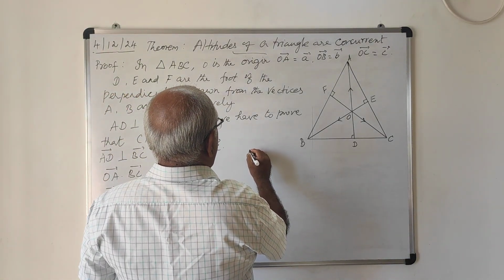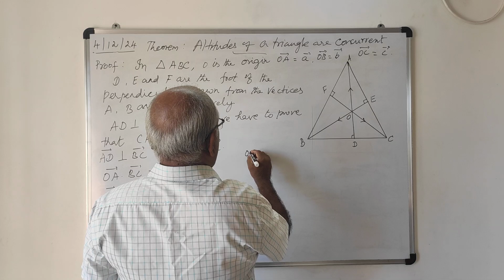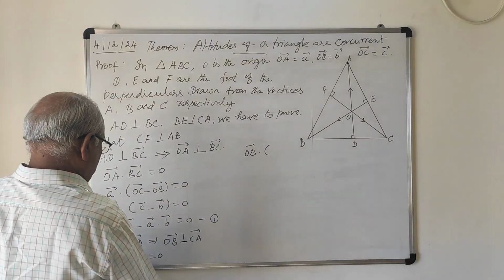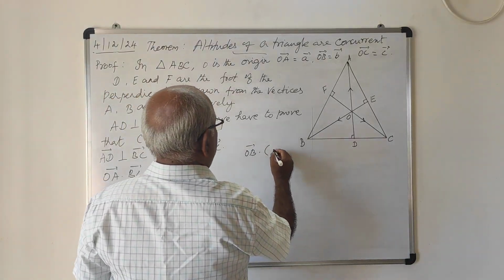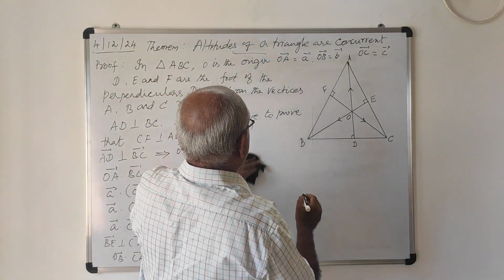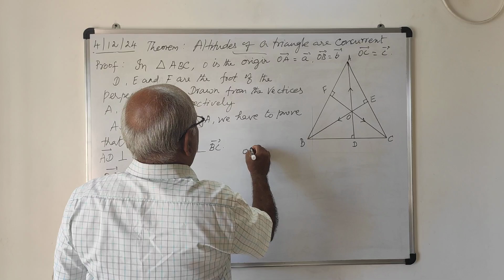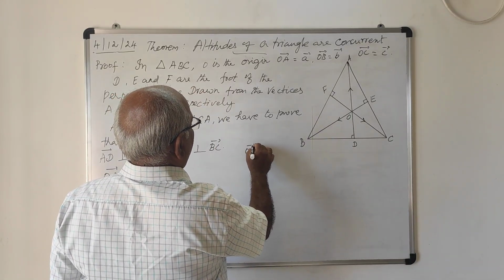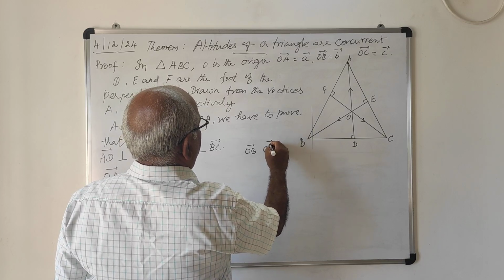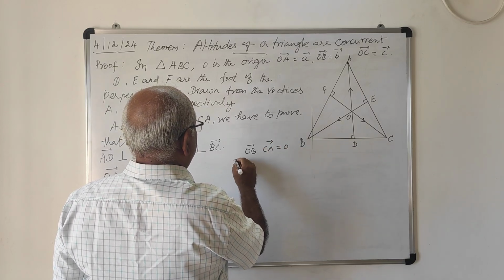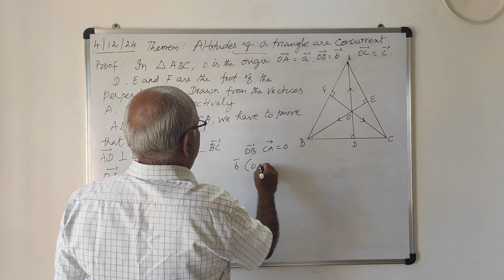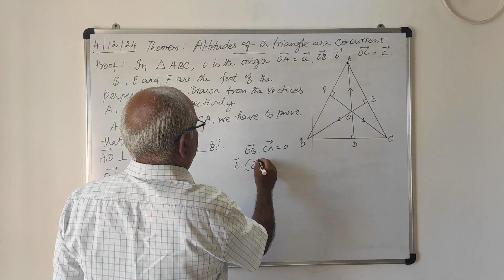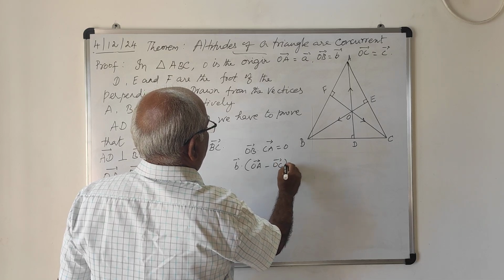OB is vector B, and CA is OA minus OC. So B dot (A minus C) equal to 0.